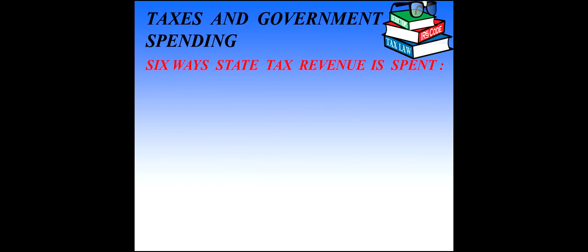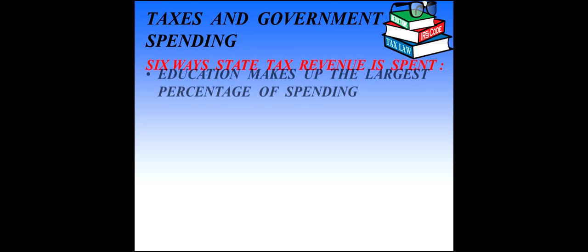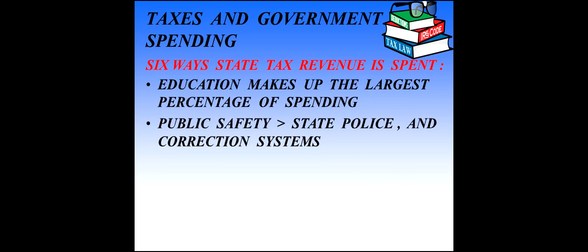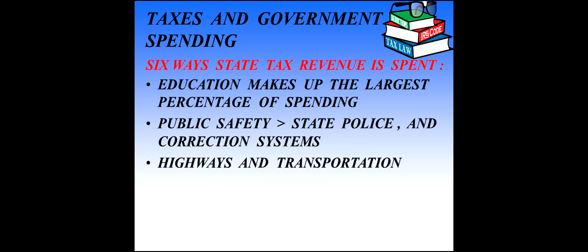Let's now take a look at how state governments use their tax revenue. And there are 6 categories of spending. The first is on education, and it makes up the largest percentage of spending by the state governments. Next, public safety, which includes everything from state police, also in some states the firefighting, correction systems, and the like. Third, on highways and transportation.